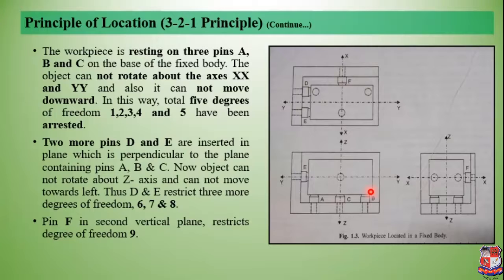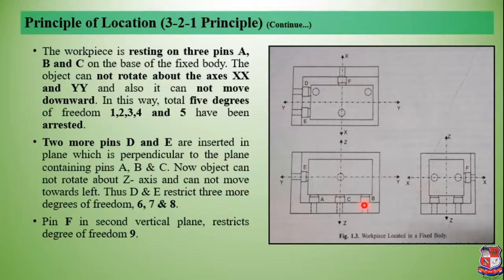Now the object cannot rotate about the axes XX and YY. About these 2 axes, the workpiece cannot rotate, and also it cannot move downward. You can see over here that because of these 3 pins the workpiece cannot move downward.